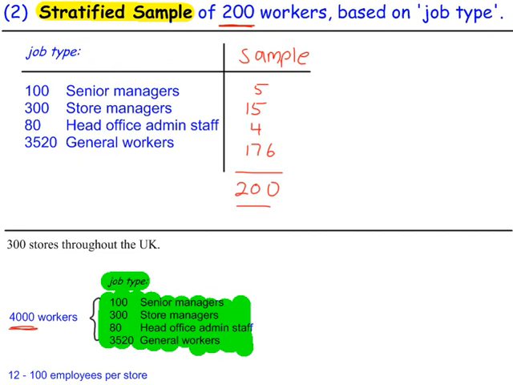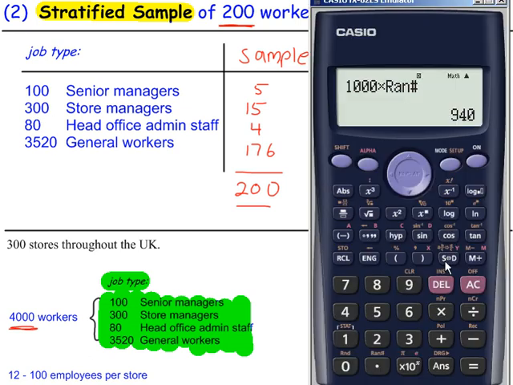Applying the same calculation to all of the other layers, so 300 store managers, so what you would be doing there is this: 300 store managers divided by the population size times the sample size. There, 15. Okay, so remember, it's the number in the layer divided by the population size times the sample size.